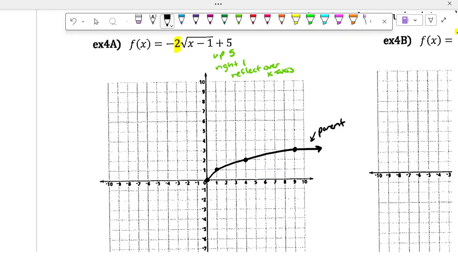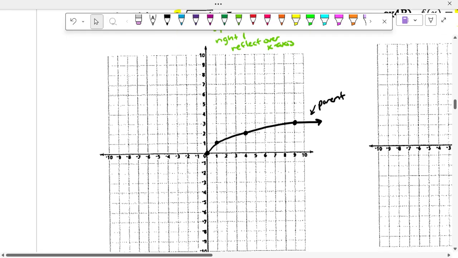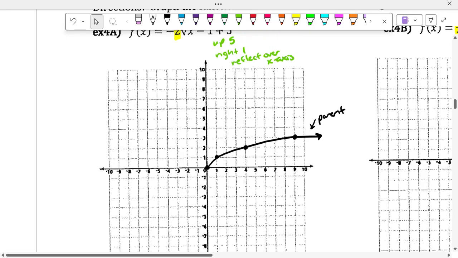All right. Now, I am then going to do some transformations. I'm going to do the reflection first. So if I do the reflection, all right, the 0, 0 will stay where it is.